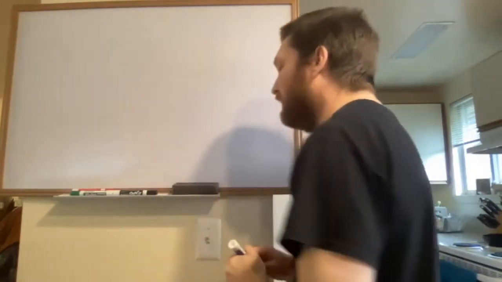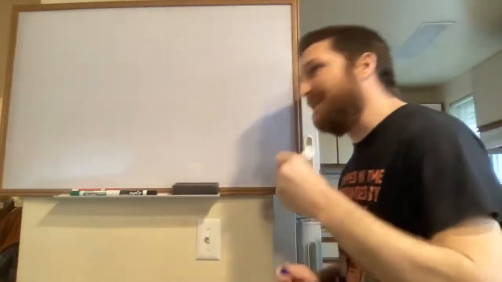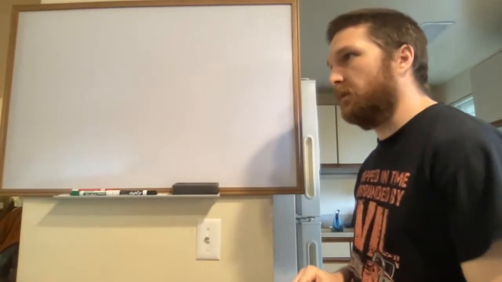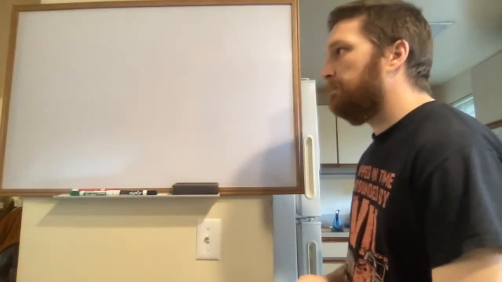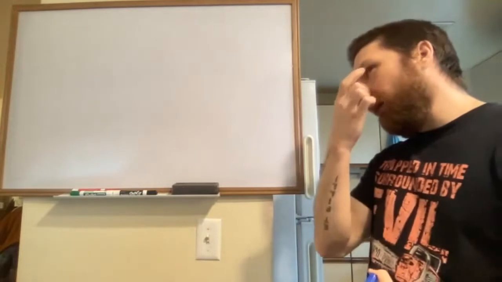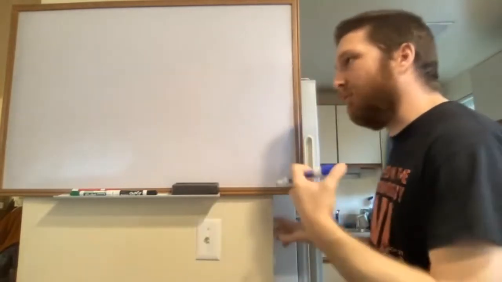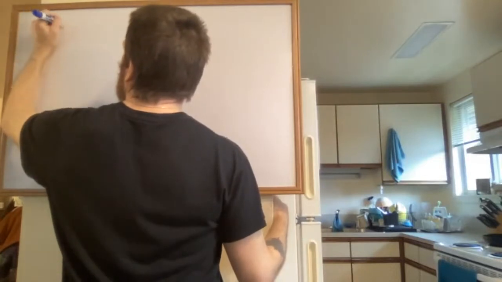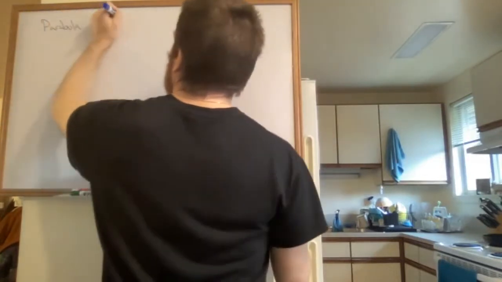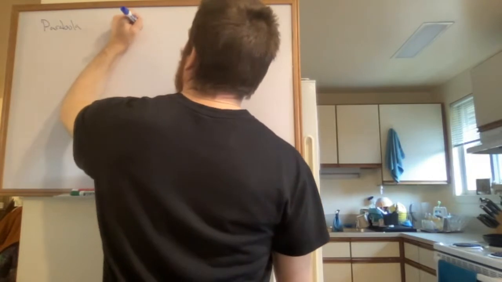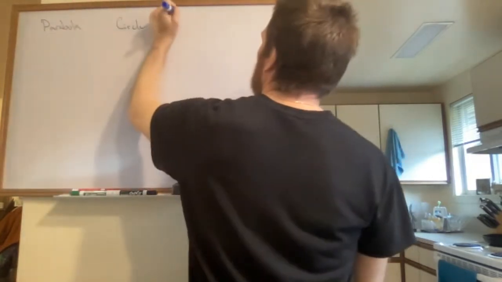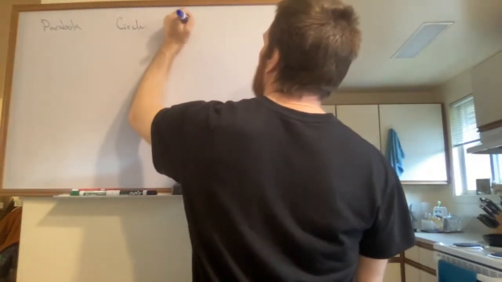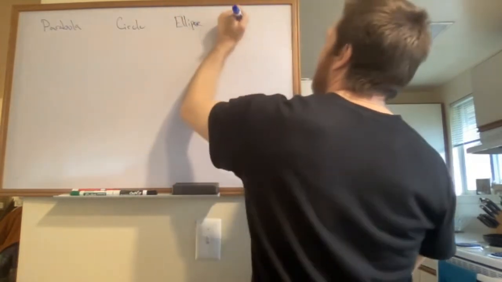So let's just be clear here what I mean by standard form of an equation. We didn't talk about what standard form for a parabola is. So we have parabolas, circles, ellipses, and hyperbolas.